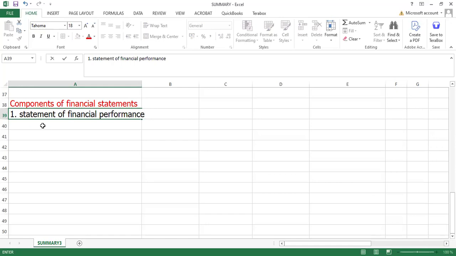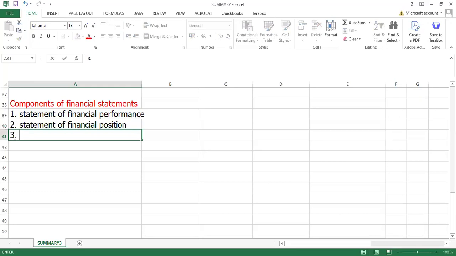Then next, statement of financial position. Then next, statement of cash flows.